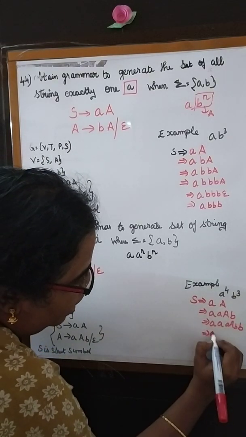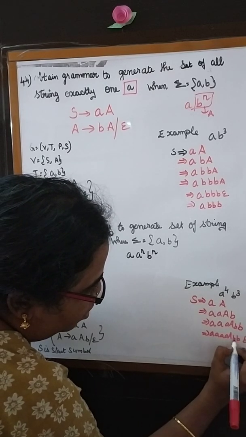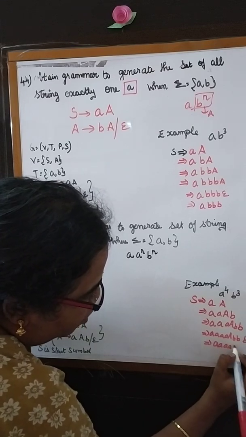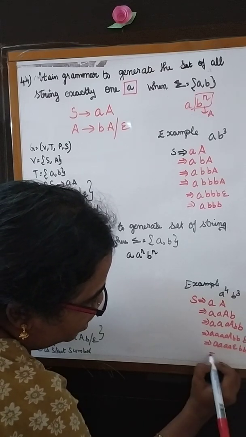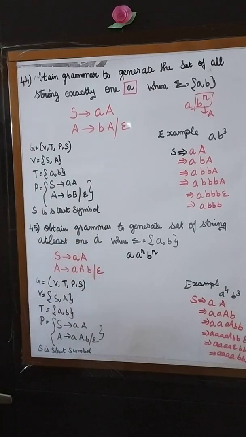So 3 times a I have got. I'm in need of one more a and b, so I'm going to write here. So 4 a's and 3 b's I have got. Instead of this A, I'm going to give epsilon. So what I have got is 4 times a followed by 3 times b. So this will be the example.